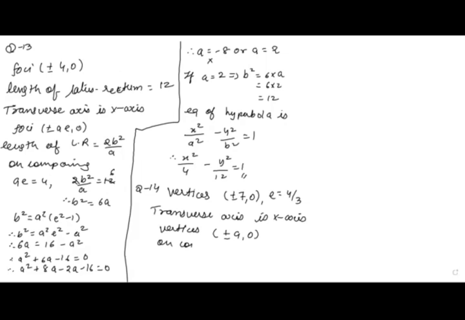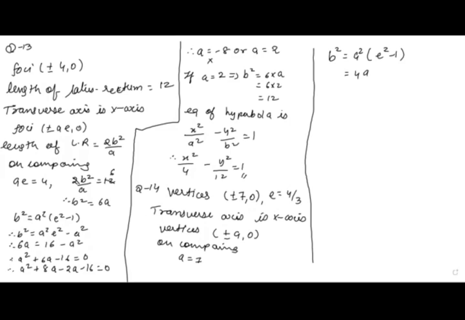So on comparing, I will get the value of a as 7. And as the transverse axis is the x-axis, I can use the equation b square is equal to a square into e square minus 1.